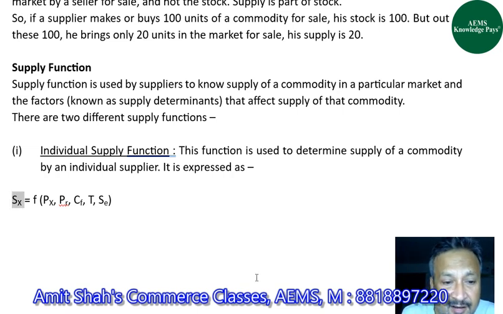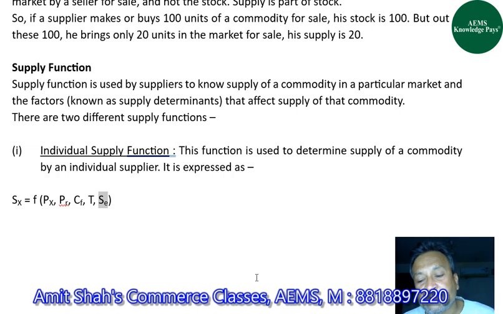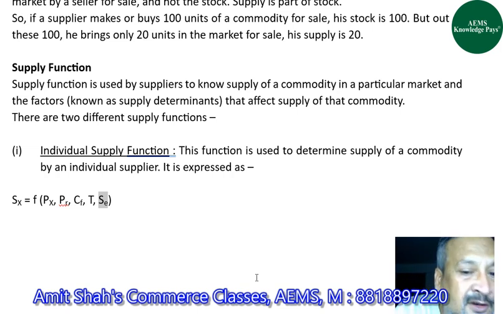That is SX, that is supply, means quantity supplied of a commodity is a function of price of that commodity, price of related goods, cost of factors of production, state of technology, and suppliers' expectations about future prices of the commodity.